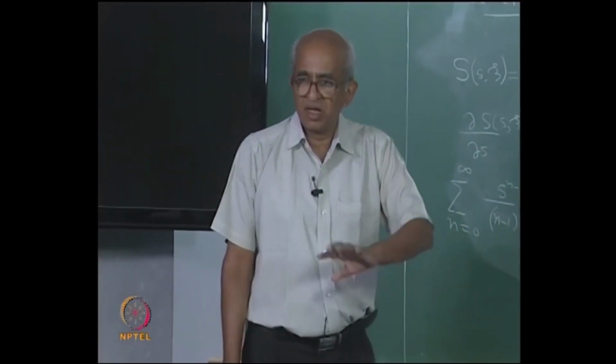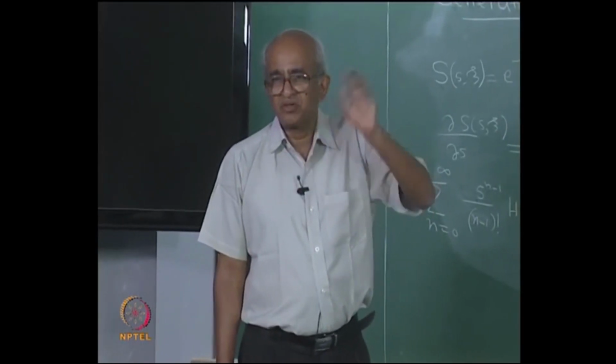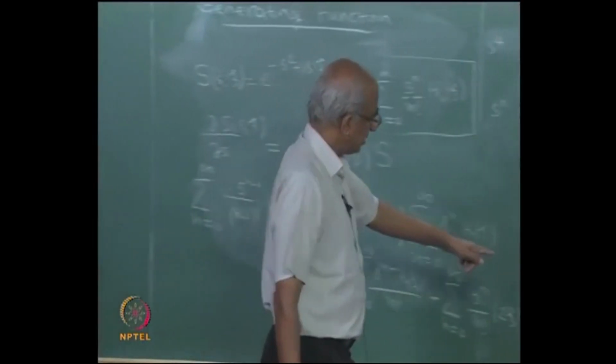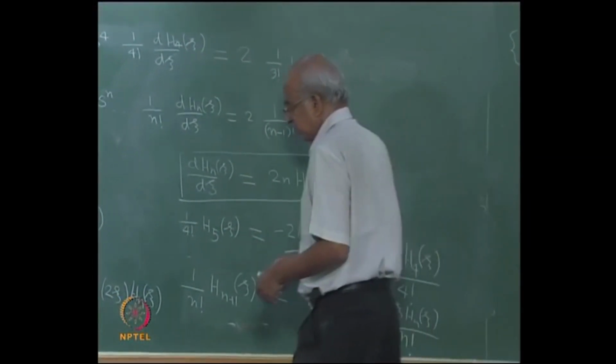Right, this is what will happen if you equated the coefficients of s to the power of n, and this relationship you can multiply throughout by n factorial and we look at the result.